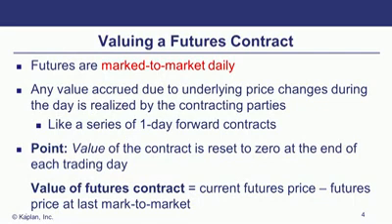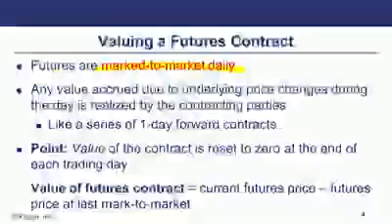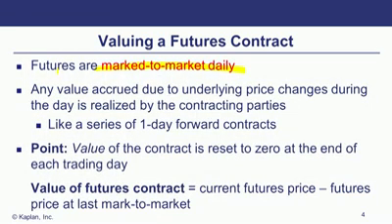Another key difference between a forward contract and a futures contract is the idea of marking to market. Remember, with forward contracts, unless we've agreed differently, we are not going to mark them to market until the very expiry of that contract. It's a very different ball game in the world of futures. Futures are marked to market on a daily basis, right?